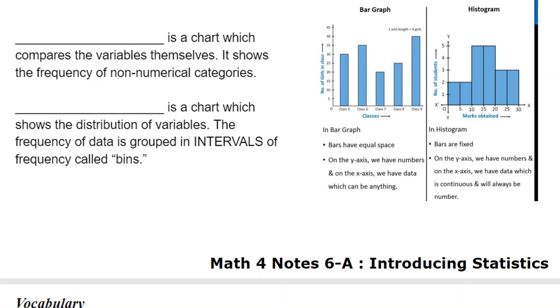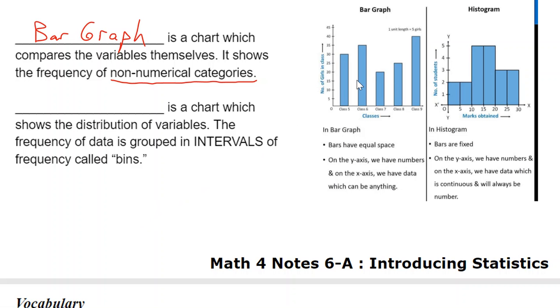All right, we have the bar graph. Now the thing about the bar graph is that when you look down at the x-axis, these are non-numerical categories. Classroom 5, classroom 6, those actually aren't really supposed to be numbers as much as they are like Mr. G's class, Mr. B's class, Mr. H's class, that kind of thing.